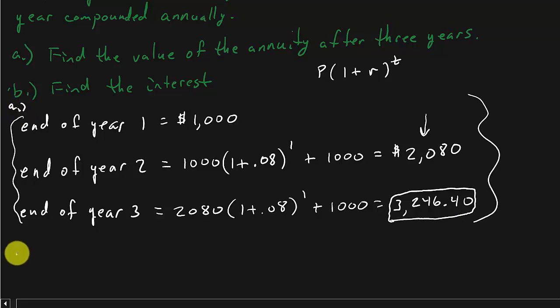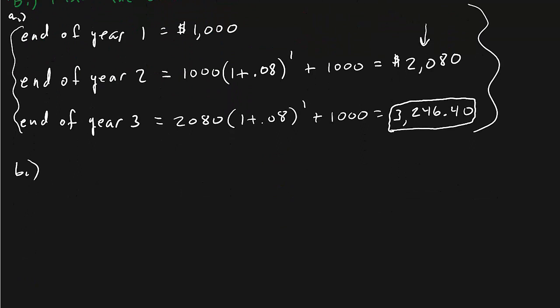Now for part B, they want us to find the interest. So how are we going to find the interest? Well, the interest is going to be this total amount here that we got at the end of 3 years minus what we put in. So how much did we put in?